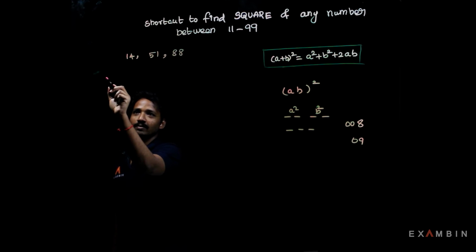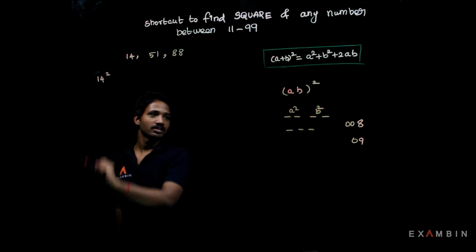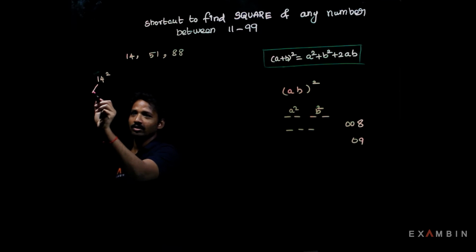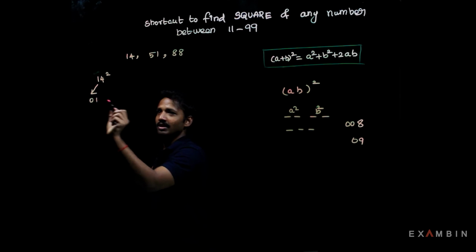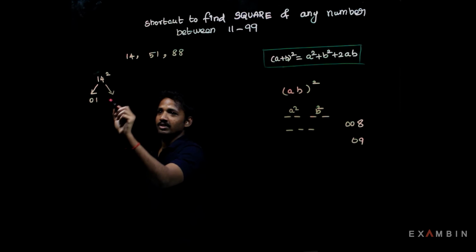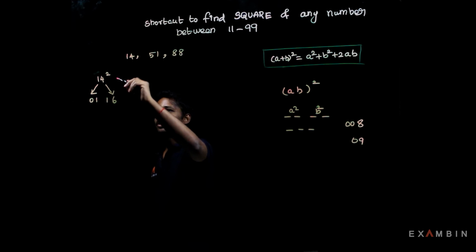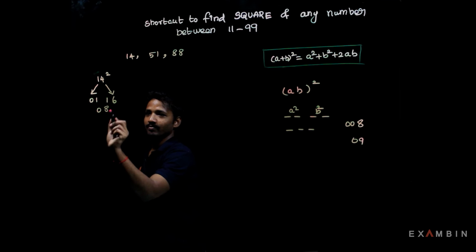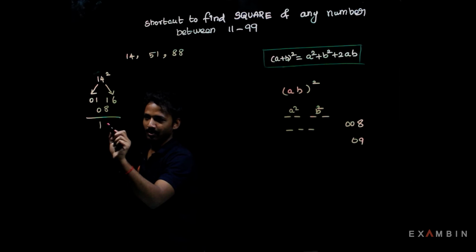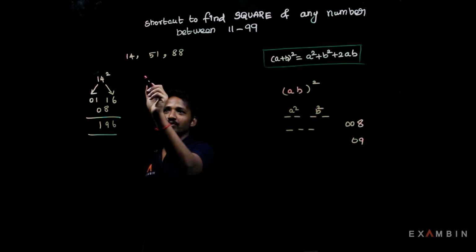First we will take 14. 14 squared is equal to, first we need to calculate 1 squared. 1 squared is equal to 01. 4 squared is equal to 16. Then 2ab, 2 into 1 into 4, 8. So the answer would be 196.